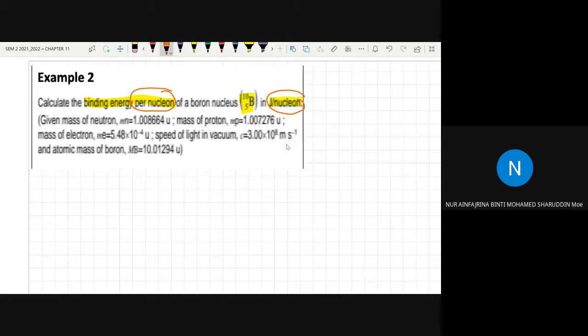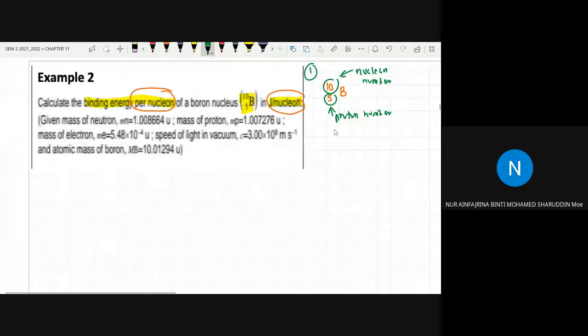Okay, so what you must do first is look at the atom. So boron 10, 5. The 10 is the number of what? Nucleon number. And this one is the proton number. So how do we get the neutron number? This is the first step. Minus. Very good.